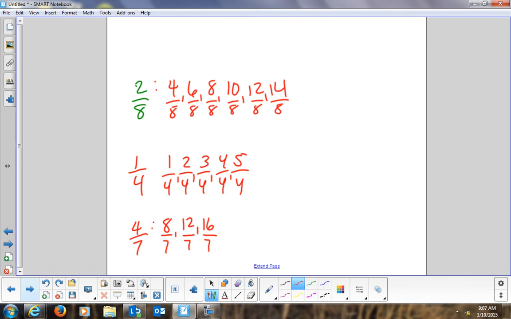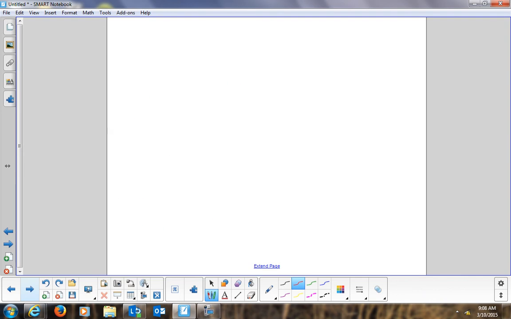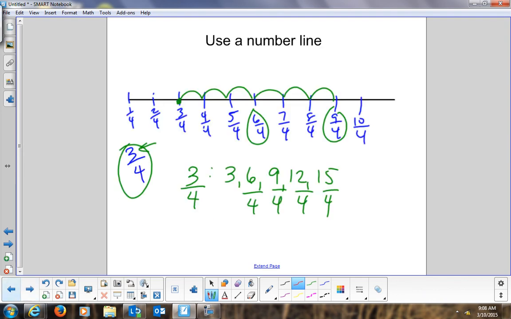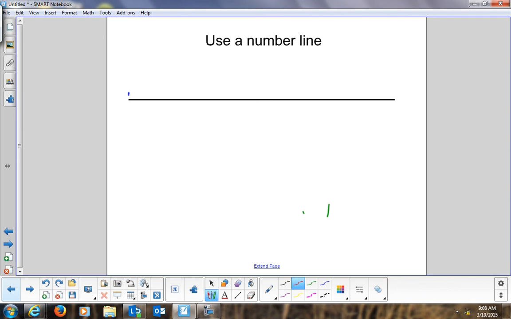Okay, not terribly hard. So you'll need to know how to use the number line. Remember, you just jump. So when you're using a number line, you start at the fraction on the number line.